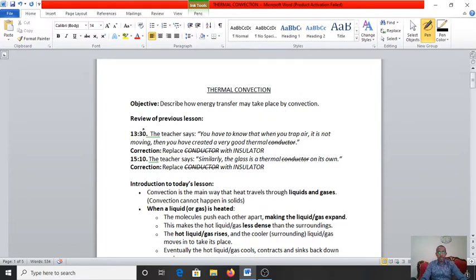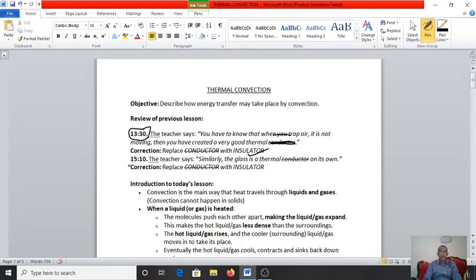In minute 13:30, there is a statement that says, when you trap air, it's not moving, then you have created a very good thermoconductor. This word conductor should have been insulator. You have created a very good thermoinsulator. Trapped air is a thermoinsulator, not a thermoconductor. That's a correction we need to make.